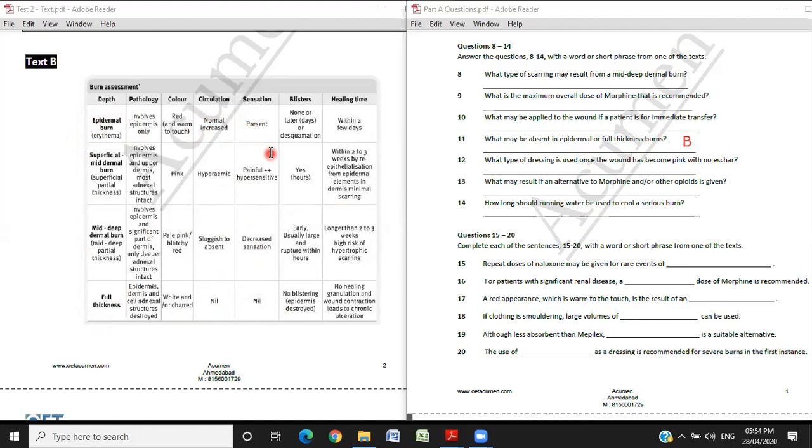So what is absent in both of them? In blisters, it says none, and here also it says no blistering. So what may be absent in both types of burns, epidermal and full thickness, is blisters.